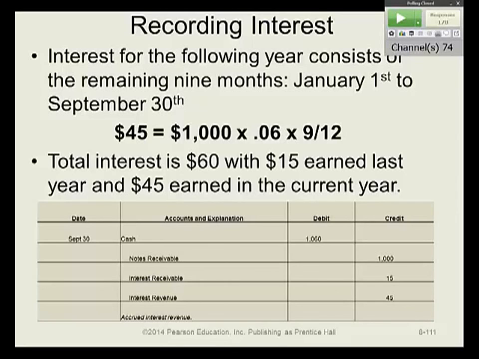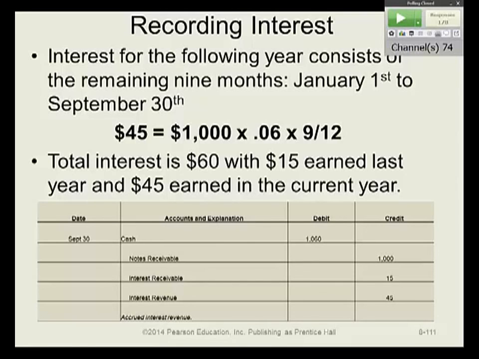So notice that revenue is 45, and out of the 60 that you collect, $15 of that is a receivable and 45 of it is revenue. And this is going to be when you collect it, and this is at maturity. So that's at the maturity date when it's collected.